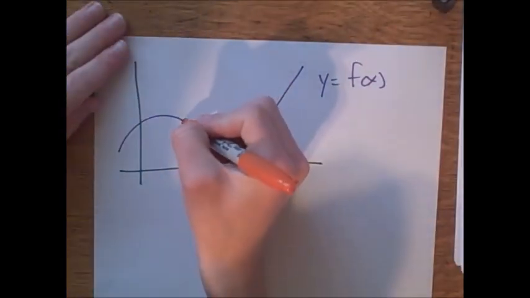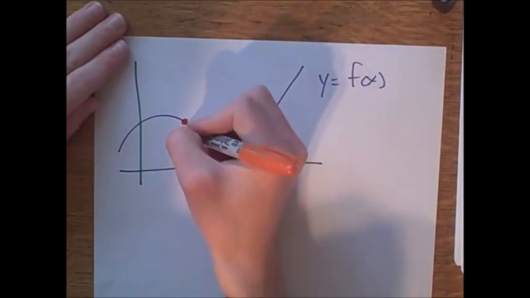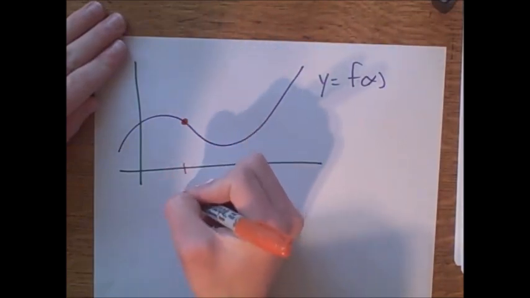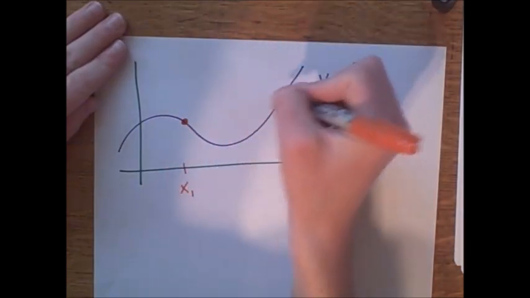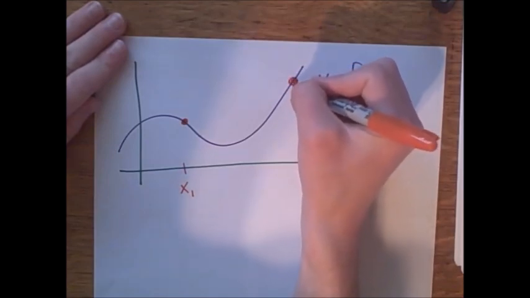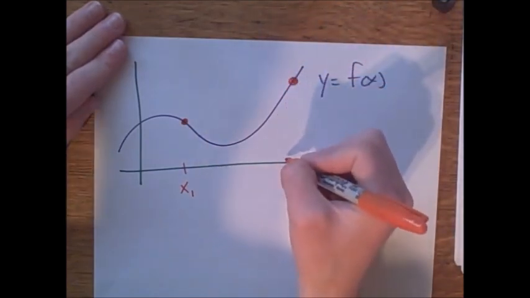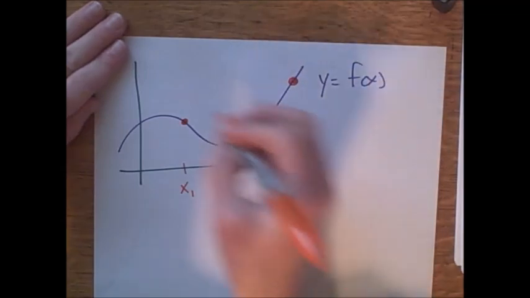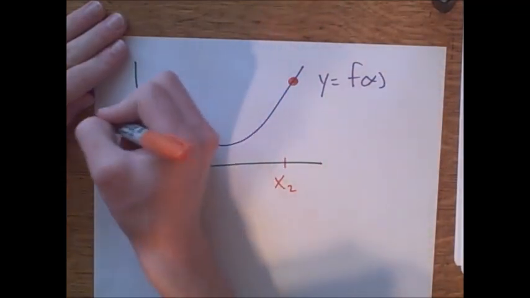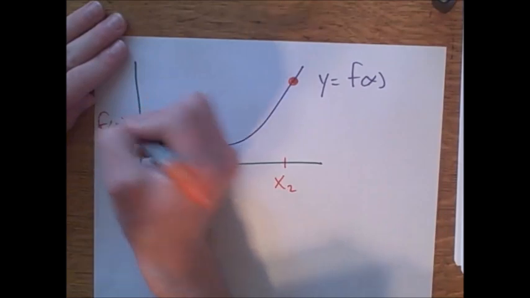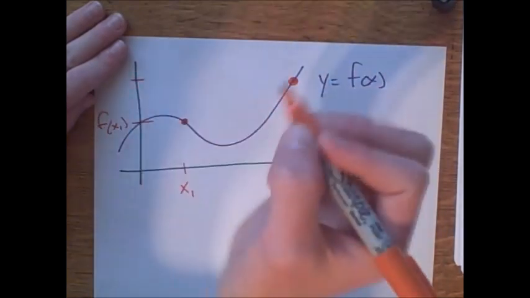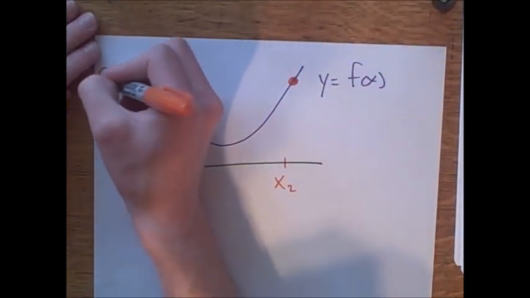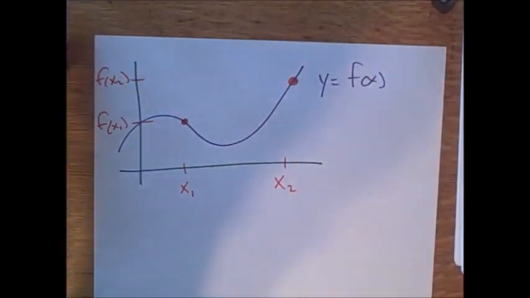Let's just do that. So I try to plot some points. This is going to be x1. And this is going to be x2. And so this is just going to be f of x1. This is going to be f of x2. Because remember, y equals f of x.